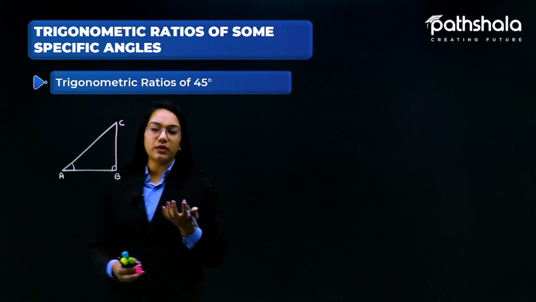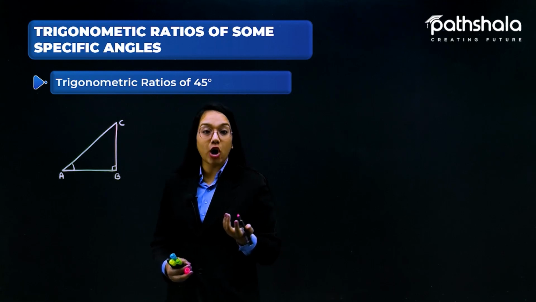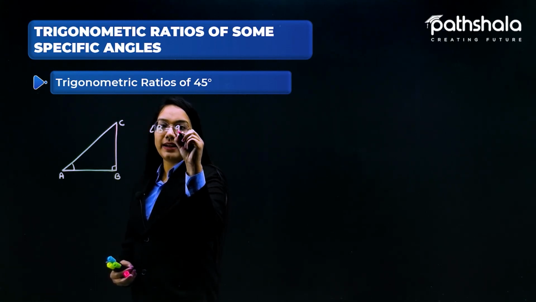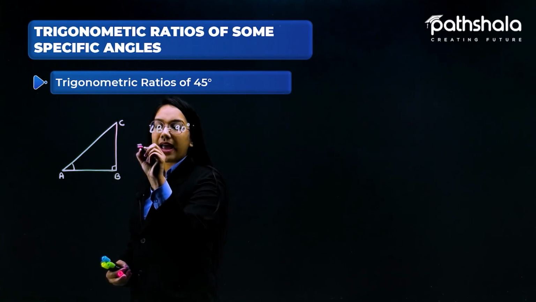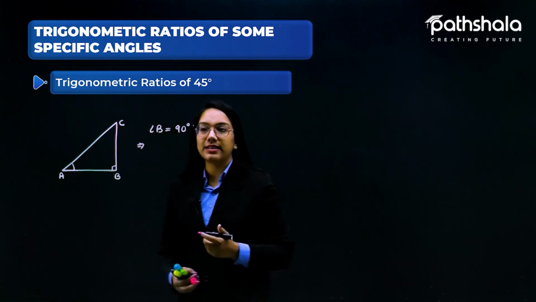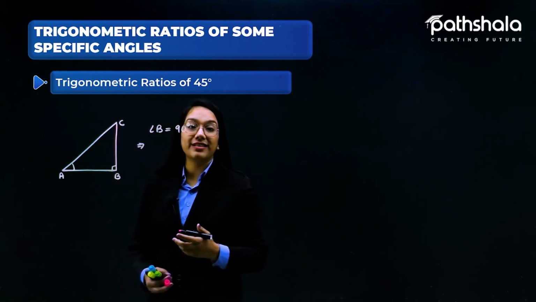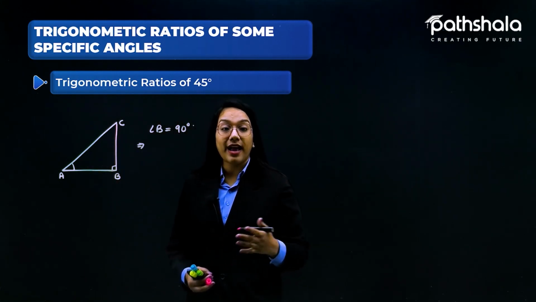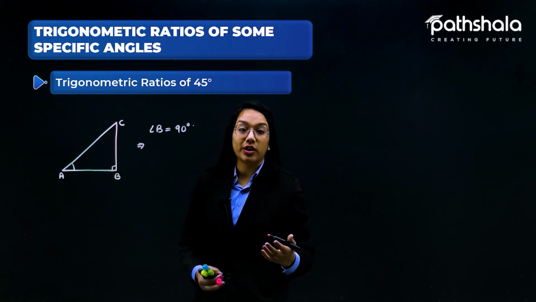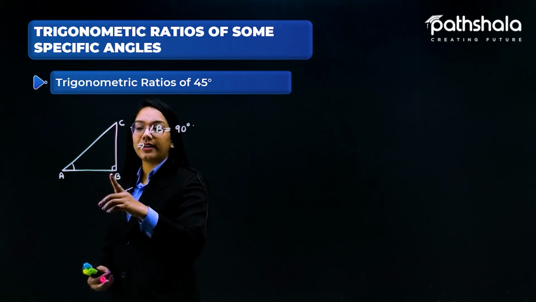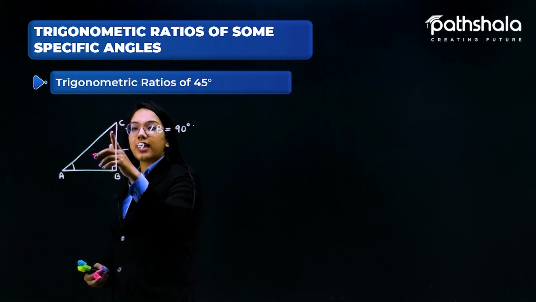Since we know that in this triangle angle B is equal to 90 degree, it definitely implies that angle A and angle C should be equal to each other. If this angle is 90 degree, then this angle and this angle can be equal.